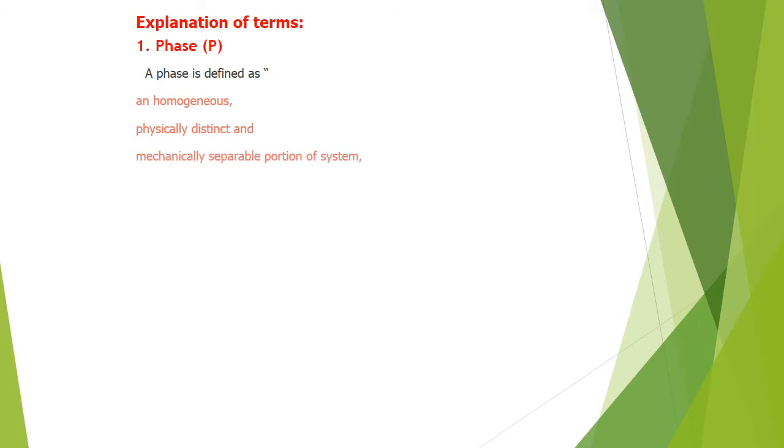I can use a filter to separate the ice cube from the water. Yes, mechanically I can separate it. So by some mechanical means you can separate the different phases, and then each is called a phase. The last part is that it is separated from the other parts of the system by a definite boundary.